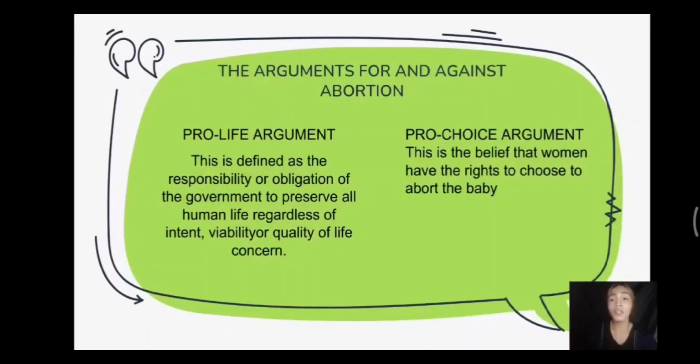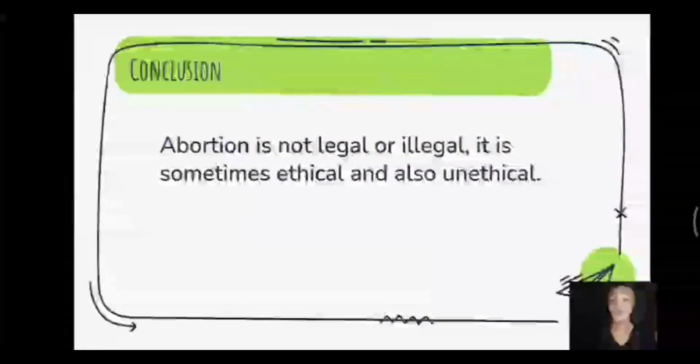Even though abortion is legal in almost all countries to save a woman's life, it is not always safe. Even if abortion were made easy or painless for everyone, it wouldn't change the bottom line problem that abortion kills children. As a conclusion, abortion is not simply legal or illegal. It is sometimes ethical and also unethical.